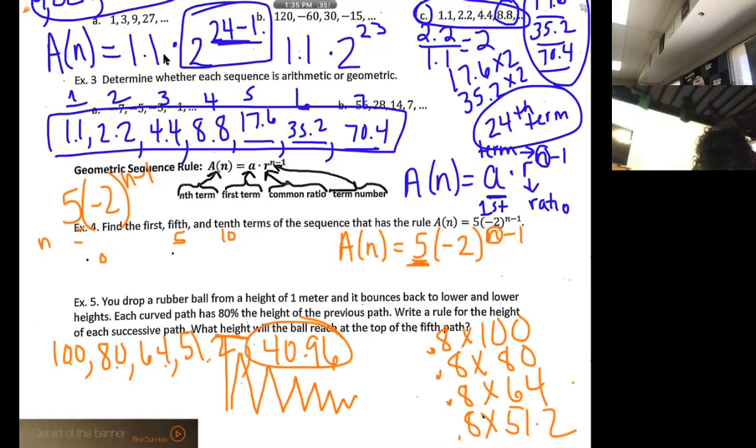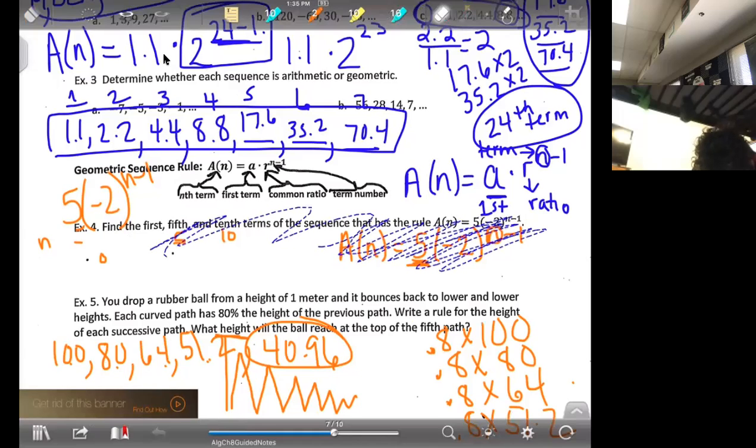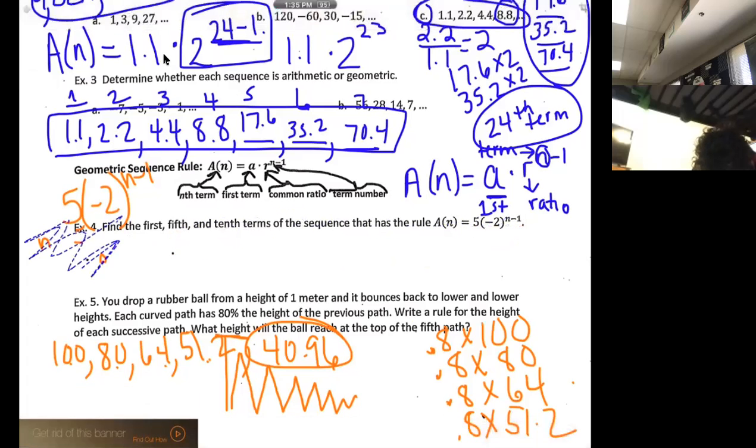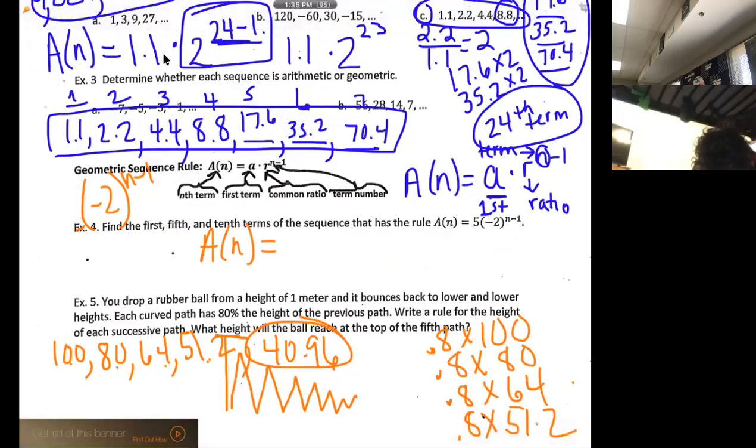If we wanted to do this with the formula rather than figure it out, because what if they wanted the 12th path instead of the 5th path? Then we would have set up an equation. A of n equals, what was the first term? 100.